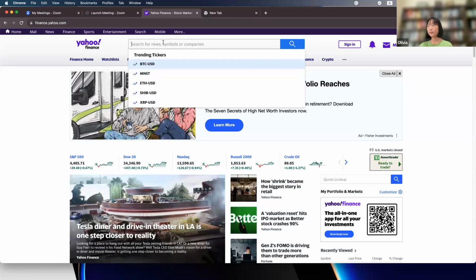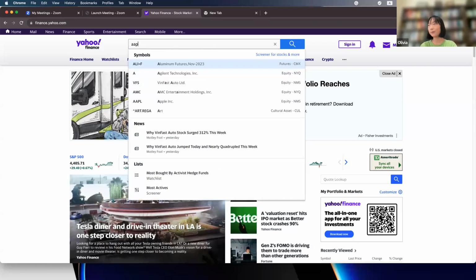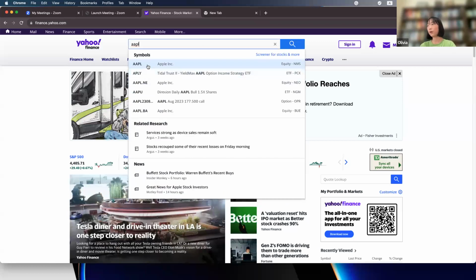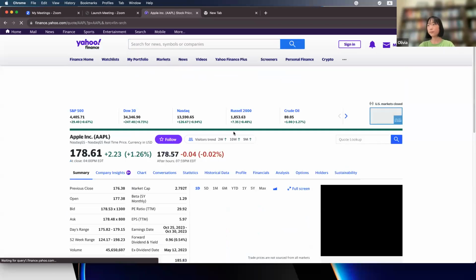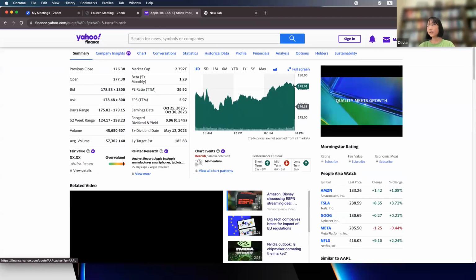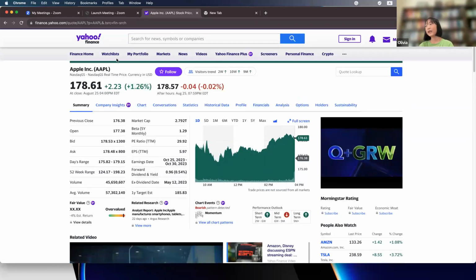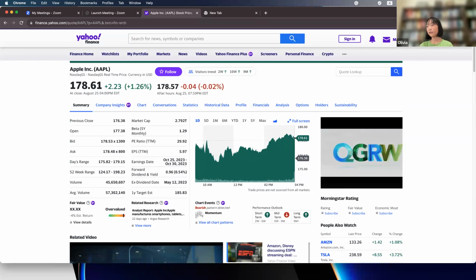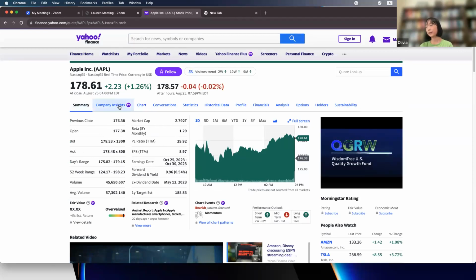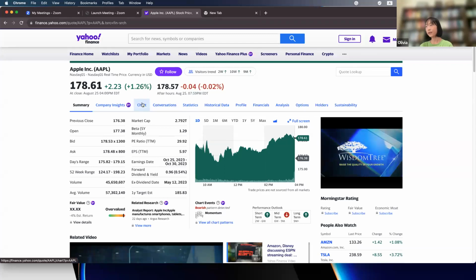So go to the bar over here and type in the ticker symbol of the stock you want to research. So today I'm going to use Apple as an example. And here in Yahoo Finance, you will see some fundamental indicators of Apple and some other stuff.